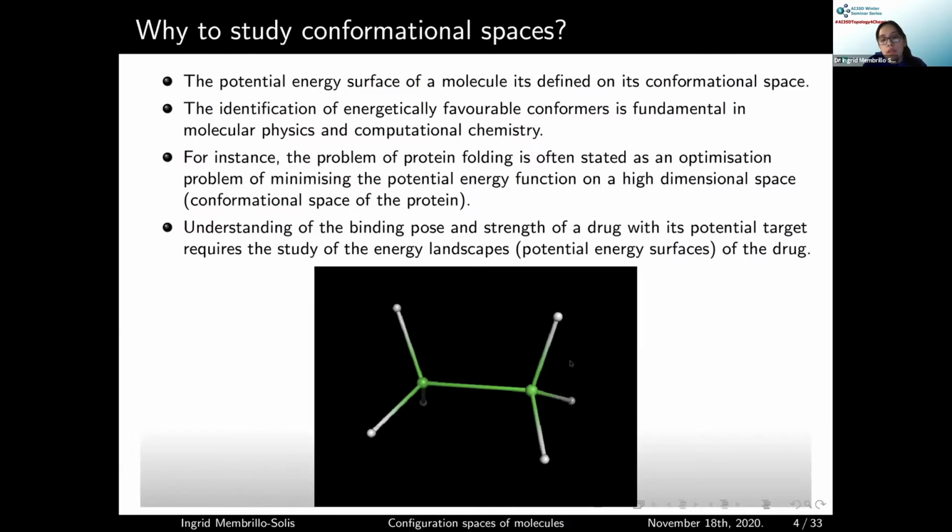However, if we allow rotations about this bond, we will realize that there are not only two conformations, but plenty of them. The idea is to study the topology of the space in which these conformations live. So let's start then with a bit of background.